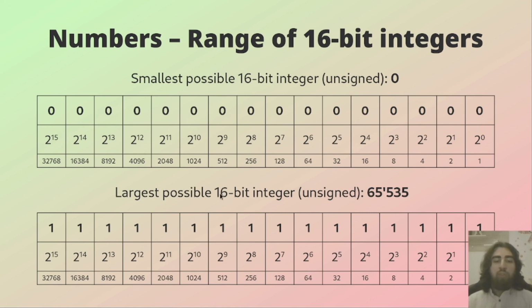Now the largest possible unsigned 16-bit integer would be 65,535. Okay? And again, this would just be if we had in every single position a 1, right? Again, just adding the results of the exponentiations over here all together, and we would have this result. Now, as you can see, the more bits we have, the more we can represent.